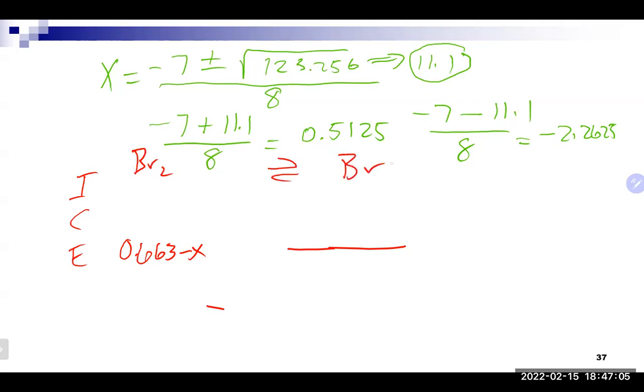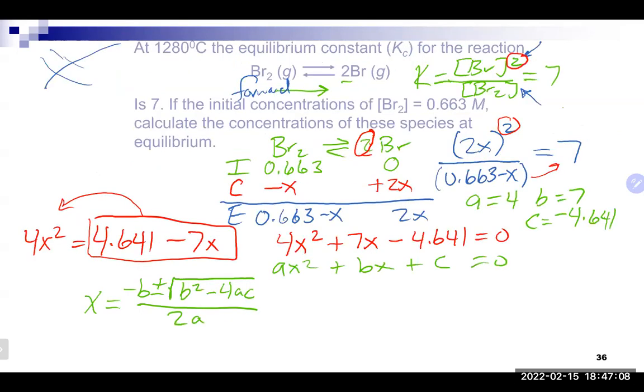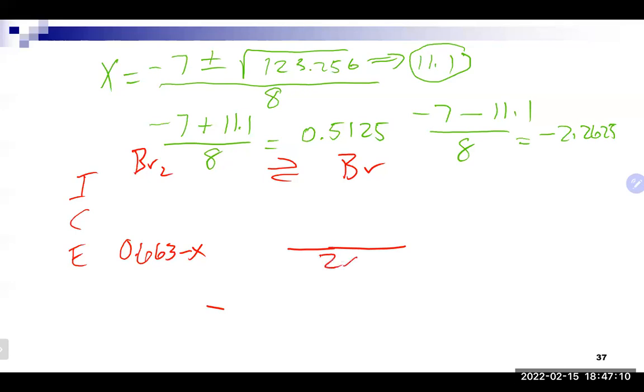And over here we had Br, and that was just 2x at that point. Now, in this particular case, the one that would not make sense is the negative one, right? If you put that negative back into 2x, you end up with a negative concentration, which you cannot have. So one of the answers, when you put it back in for x, will give you a negative number, and that's obviously not the right one.